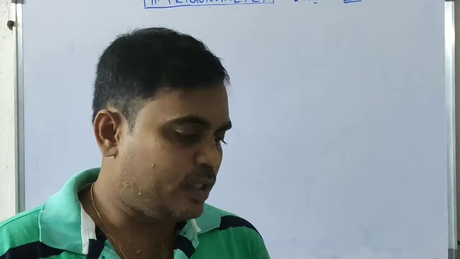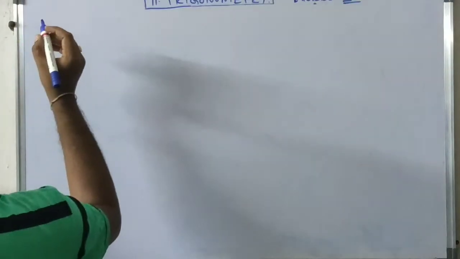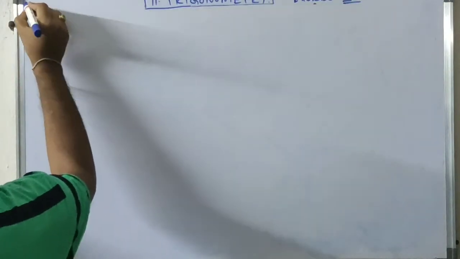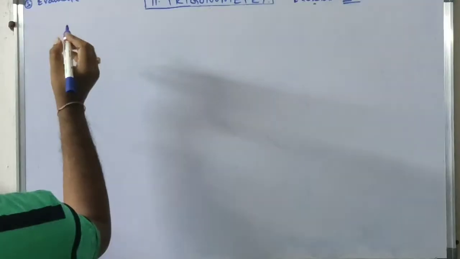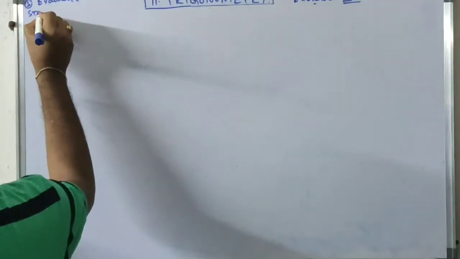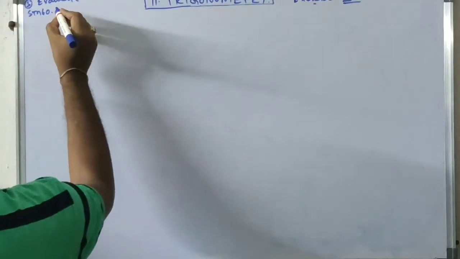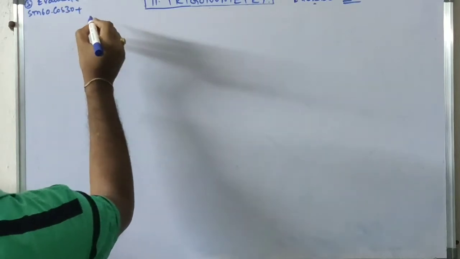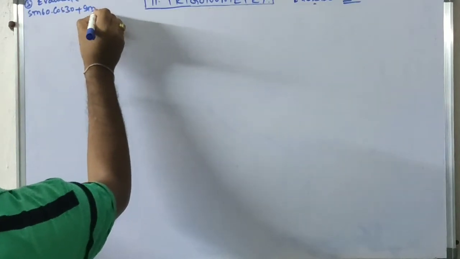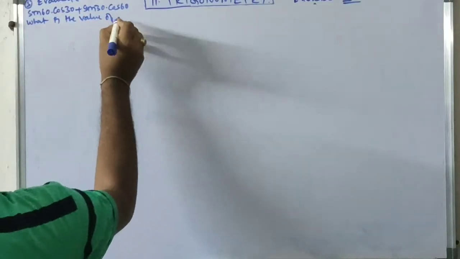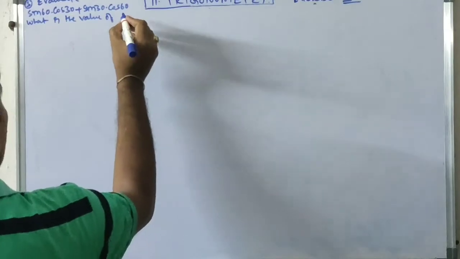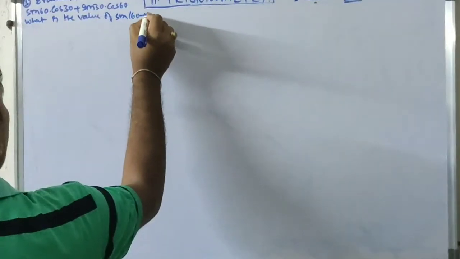Trigonometry exercise 11.2, third question. Evaluate sin 60 cos 30 plus sin 30 cos 60. So what is the value of sin of 60 plus 30?